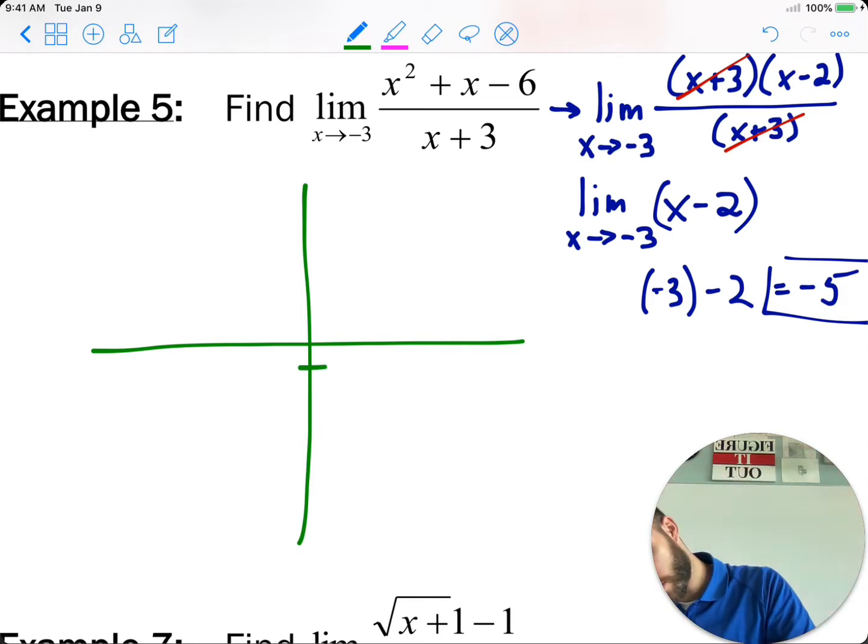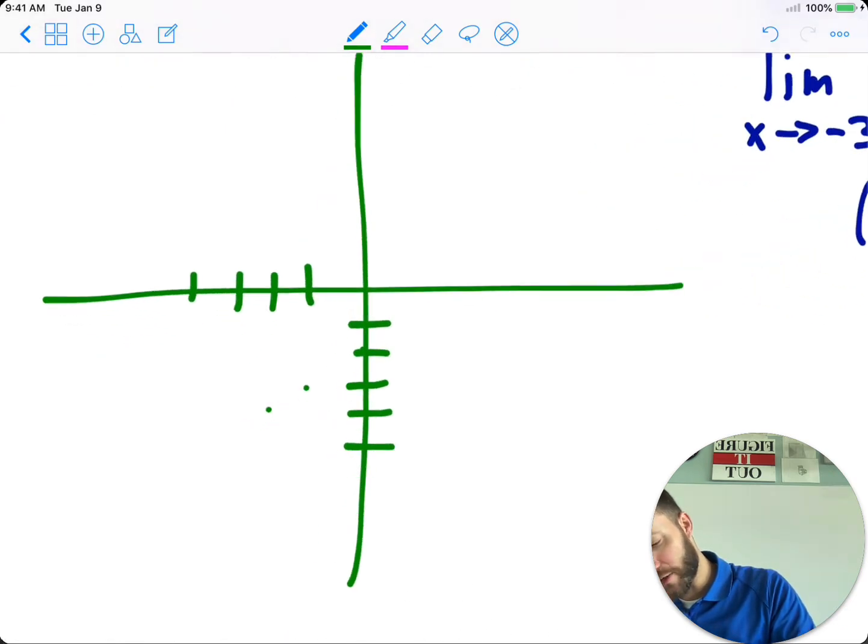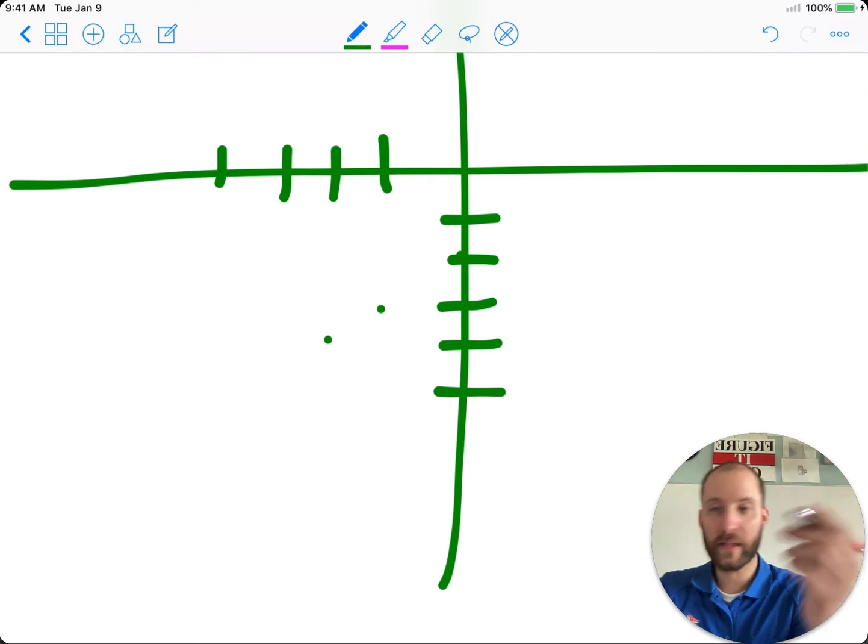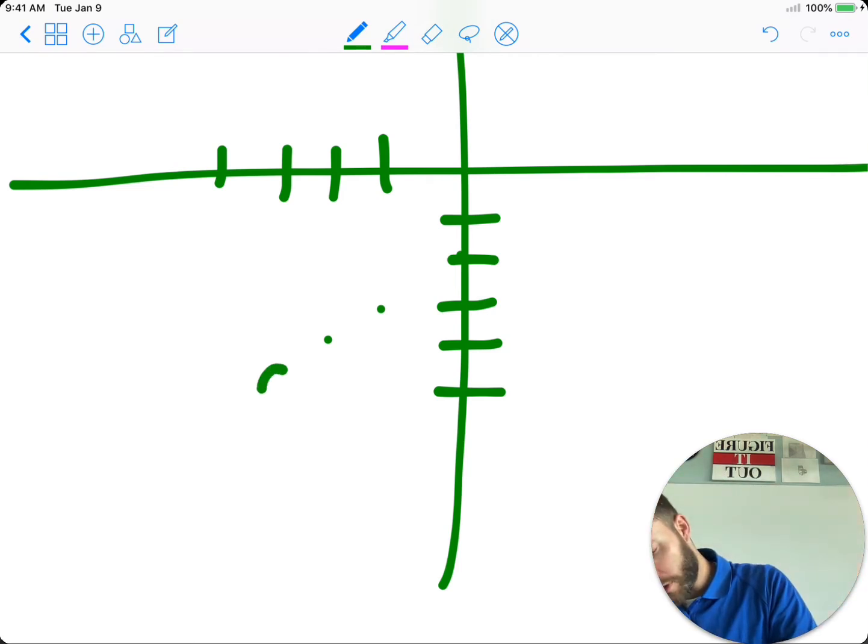So -1, 2, 3, 4, 5, and -1, 2, 3, 4. Kind of graphing it this way, okay? -2, get that, get that, get that. And then at x equals -3, you have an open circle. And then the function continues.